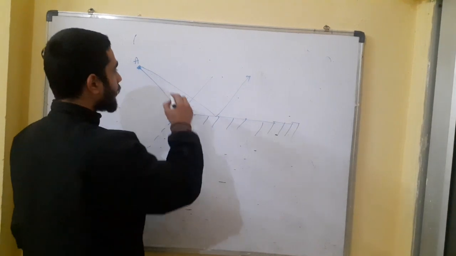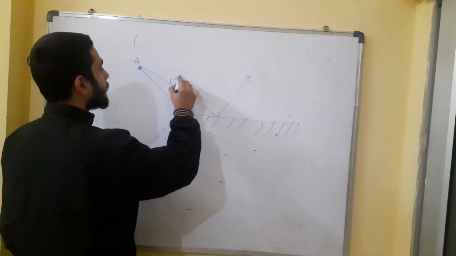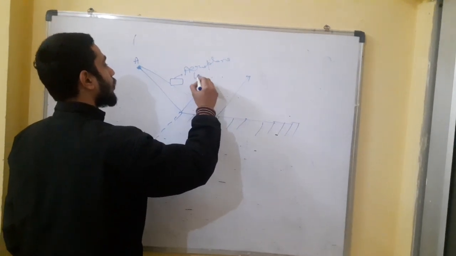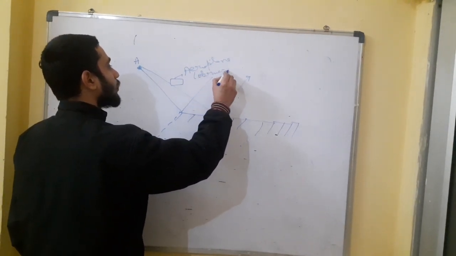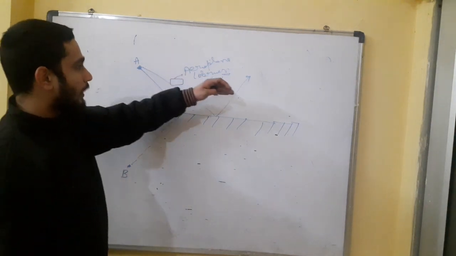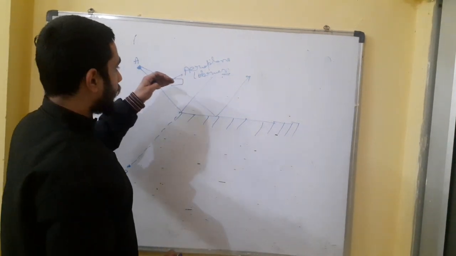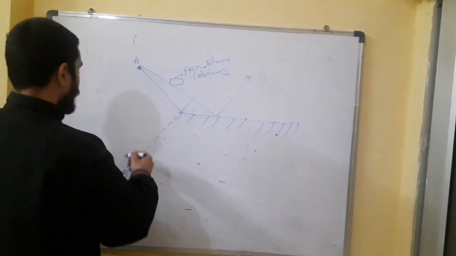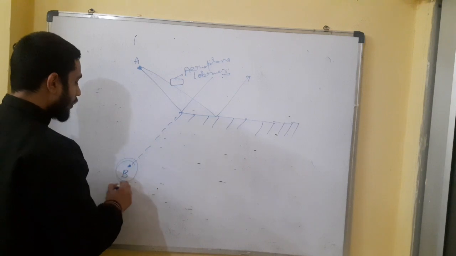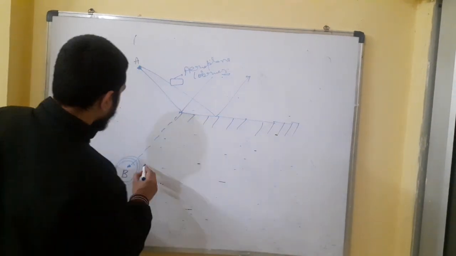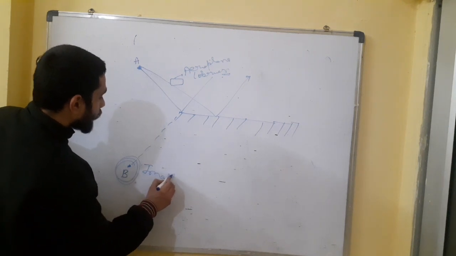And this observer is, for example, in an aeroplane, moving like this. So till where will it be getting its image? Its image is this. So till where will it be seeing this image of object A?